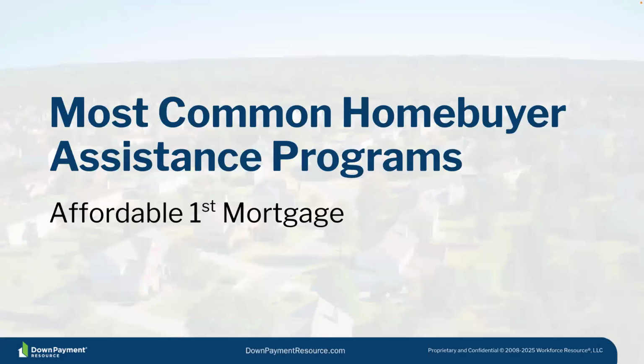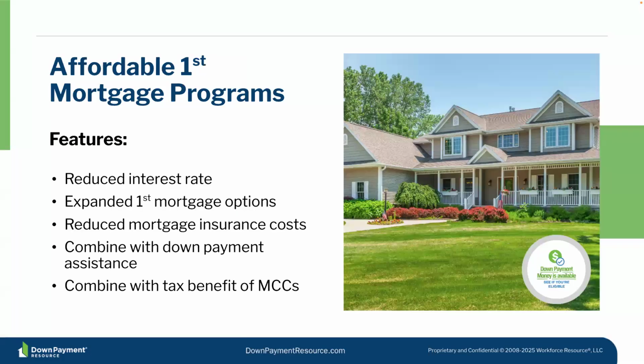Now I'd like to take a look at another of the most common homebuyer programs, the Affordable First Mortgage. Affordable first mortgages are additional mortgage options typically only available through a state or local housing finance agency. The most common benefits you'll see are below market interest rates, reduced mortgage insurance costs, and allowances for higher loan to value.